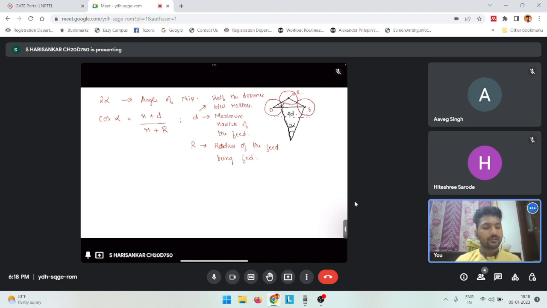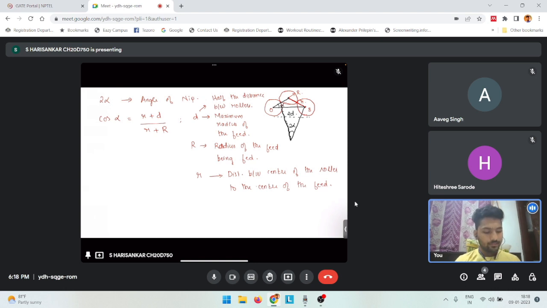Capital R is the radius of the feed that you are feeding, and the small r is the distance between the center of the roller and the center of the feed. So this distance basically is r.